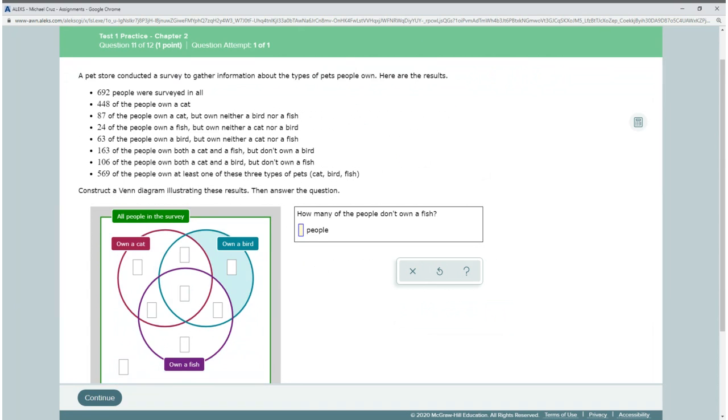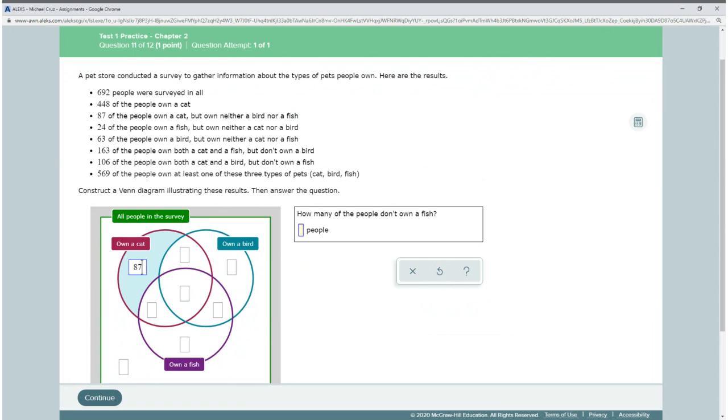87 people own a cat, but neither a bird nor a fish. That's the same thing as saying they have a cat only, correct? All right. So we can take that one out now.